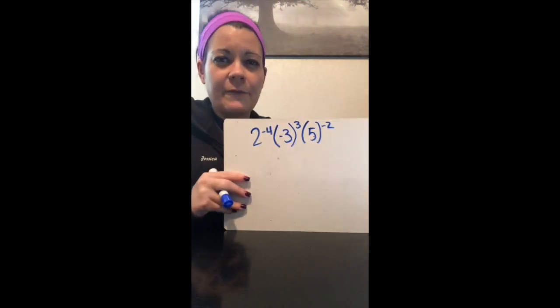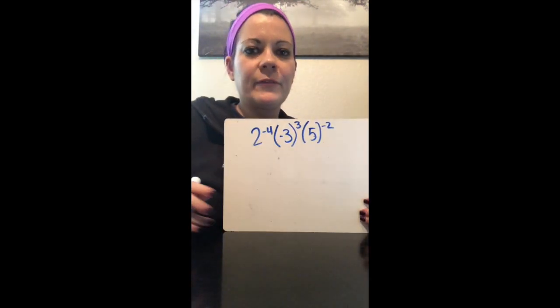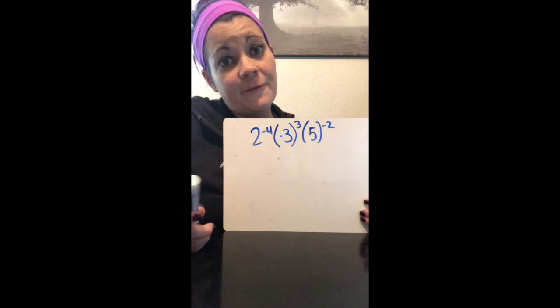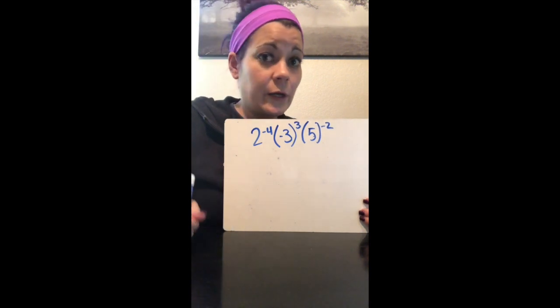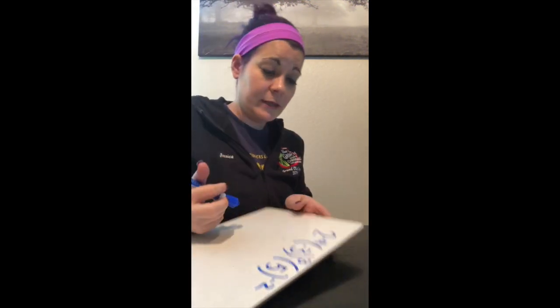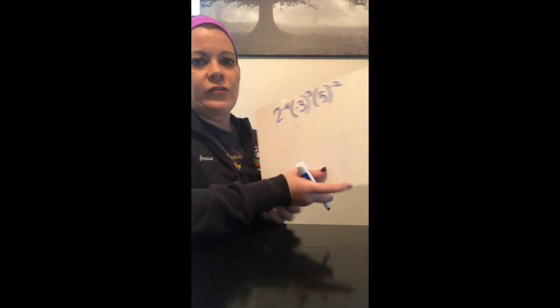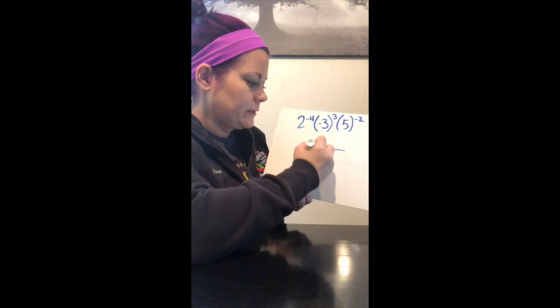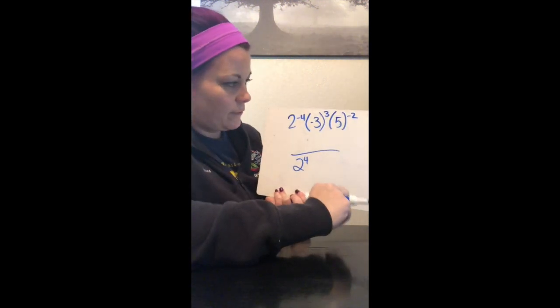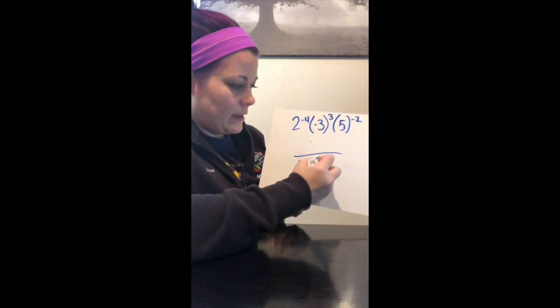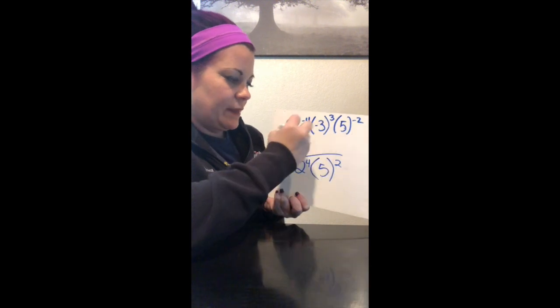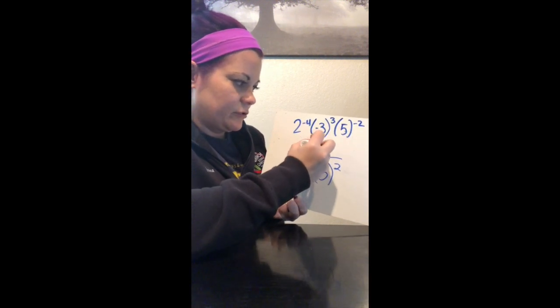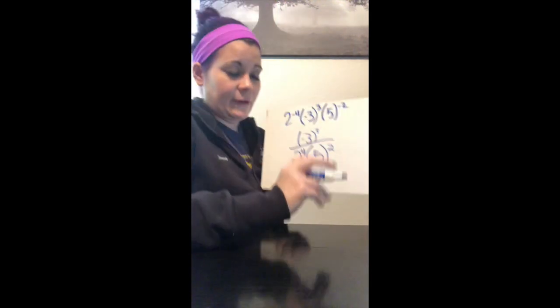Okay, let's say that we have this 2 to the negative 4th times negative 3 to the 3rd times 5 to the negative 2nd. First of all, you want to always simplify the negative exponents again. So this 2 to the negative 4 will become down in the denominator, and it'll just become 2 to the 4th times 5 squared. And then that negative 3 to the 3rd will just stay on top since it's already a positive exponent.